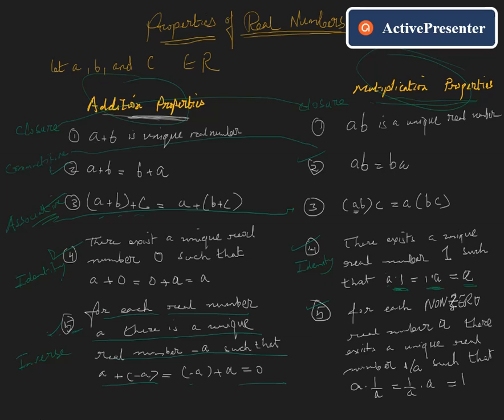In the multiplication, for each non-zero real number A, there exists a unique real number 1 over A such that A multiplied by 1 over A equals 1 over A multiplied by A equals 1. This is known as the inverse property of multiplication.